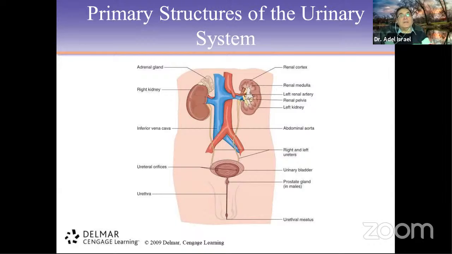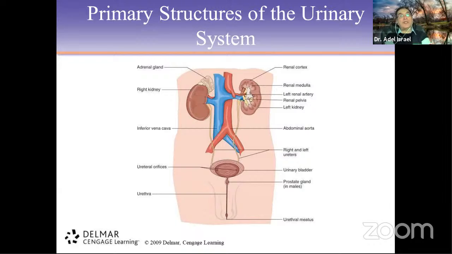Can you see this, guys? Yeah. All right. So this right kidney is lower. Why is it lower? This is not an exam question for your level of knowledge, but I have to tell you that the right kidney is lower than the left kidney due to what? Due to the pressure or the presence of the liver on the right side of the upper abdomen.